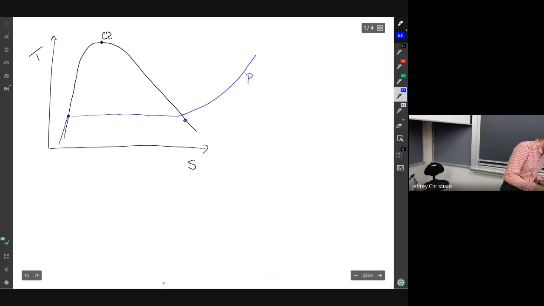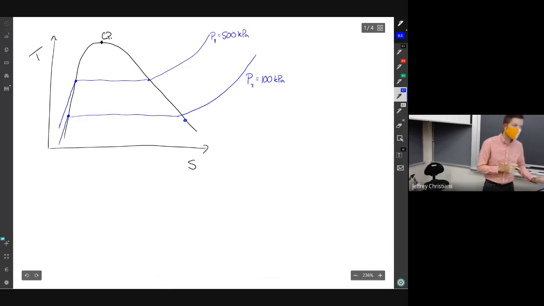We'll call this P2 equals 100 kPa. The other pressure we're interested in is 500 kPa, and that might look something like this. P1 equals 500.